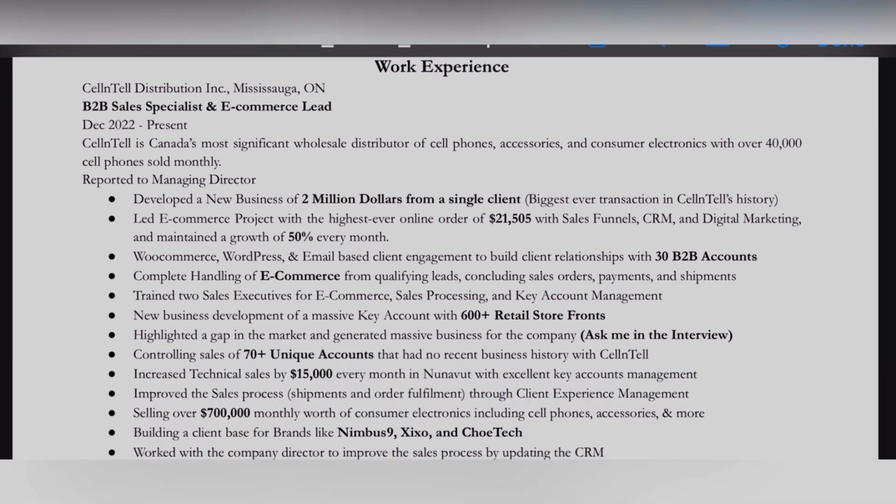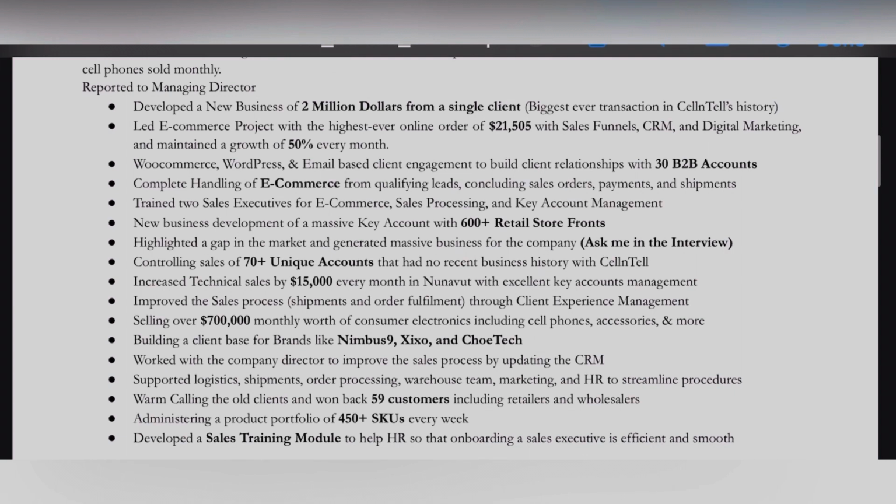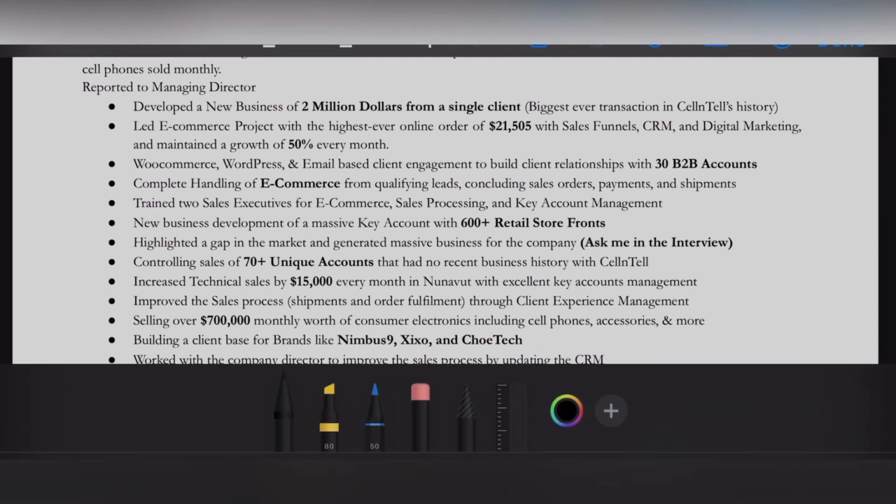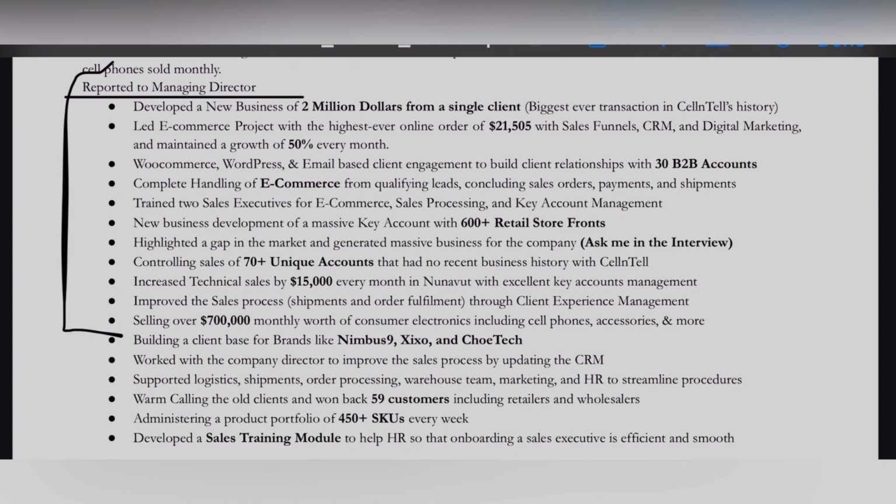Okay, then next up are the job duties. Oh, this is an important line as well: reported to managing director. Now, if you look at it, I'm talking about past tense. These are the things that I'm doing right now, but obviously, in a resume, it goes in past tense, right? Why is it important?